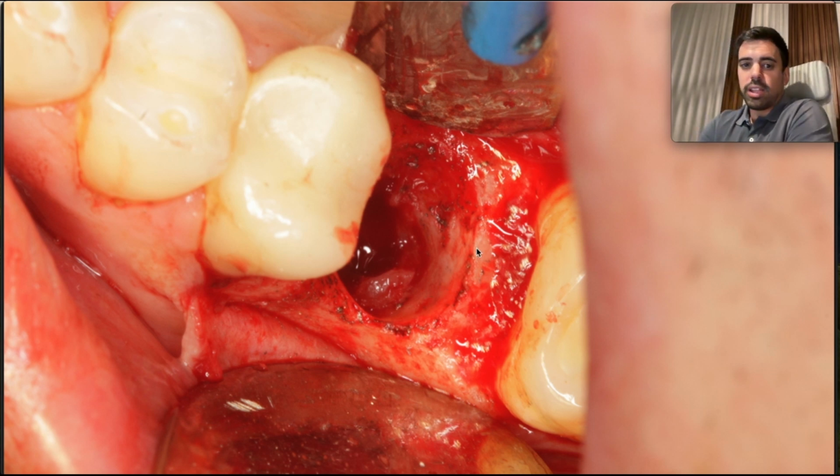We'll see how we can deal with those in probably another webinar, but definitely when you get this kind of situation, you probably want to avoid this, and you don't want to have the patient having to come back to place another implant 3 to 6 months later, because you can't really place an implant here.